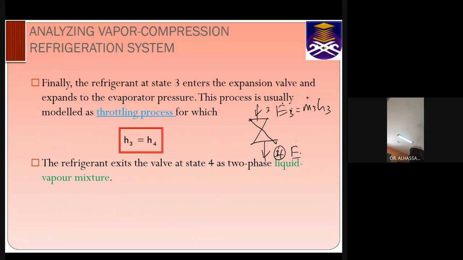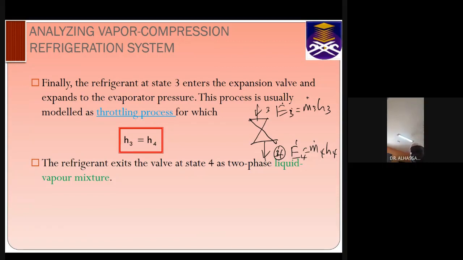Here we have E4 equals M4H4. Like this. So here there is no heat transfer. In the throttle valve or the expansion valve, there is no energy transfer in and out of the system. We only have mass in, mass out. You understand?